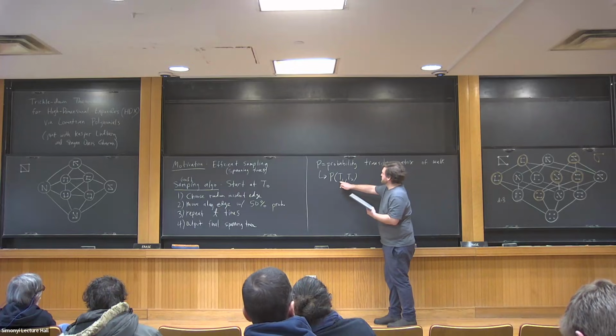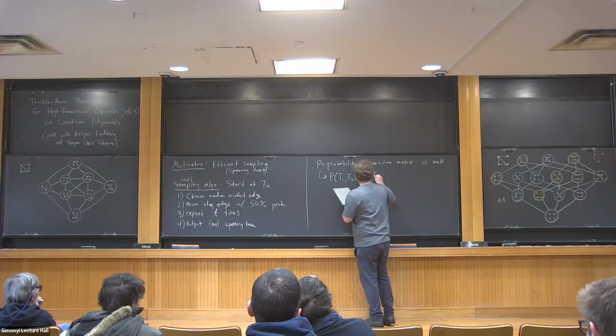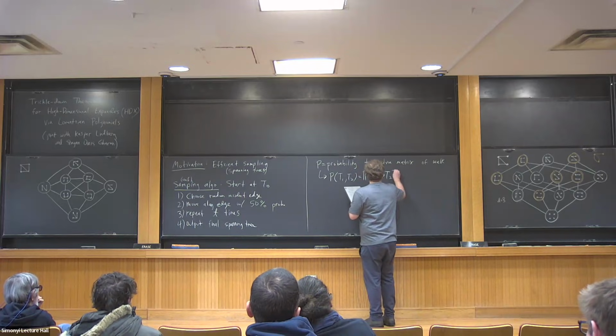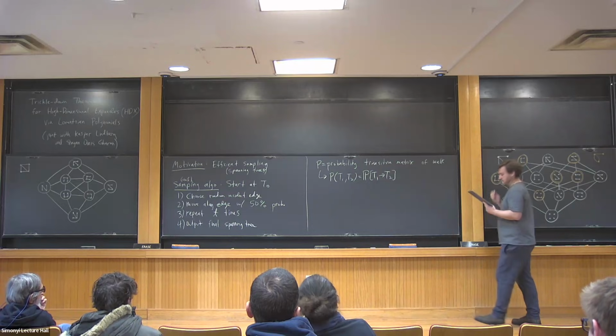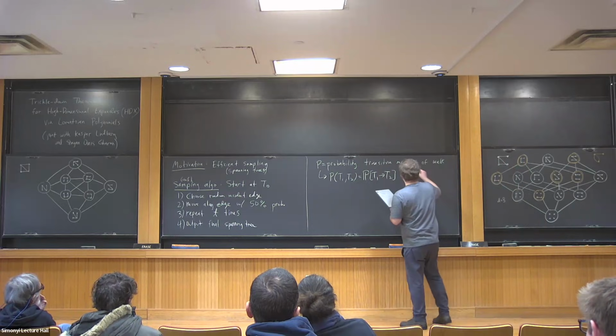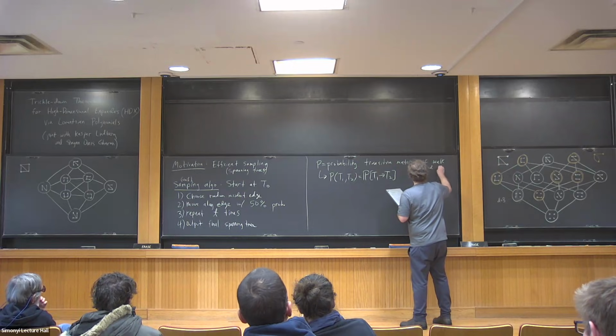The T1, T2 entry will be the probability that if I'm at T1, I move to T2 in the next step. This is some kind of normalized adjacency matrix. It's a little bit different than that, but it's something like that.